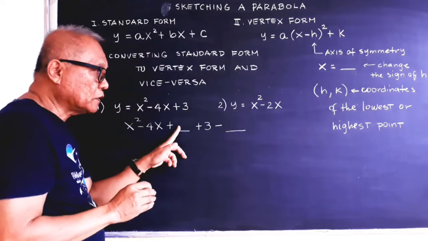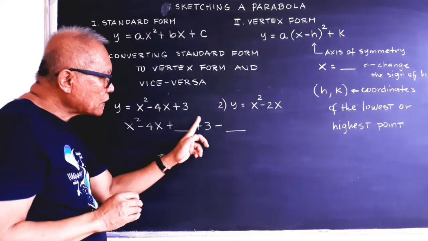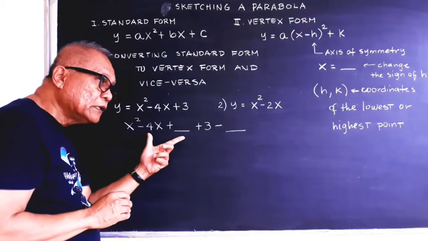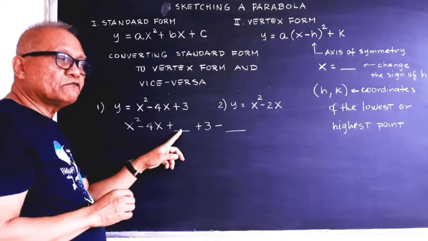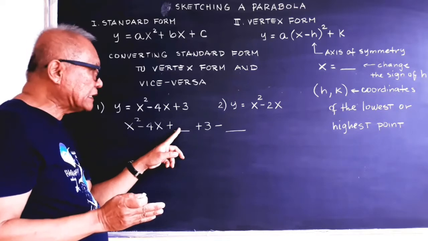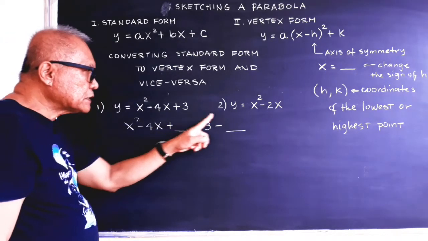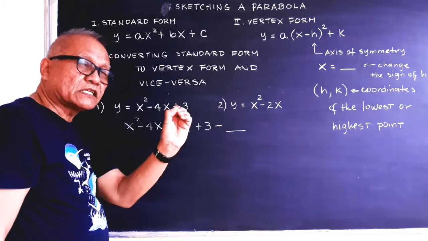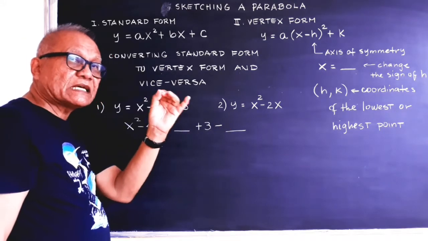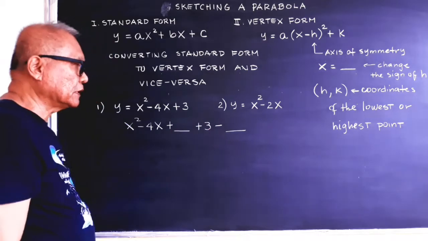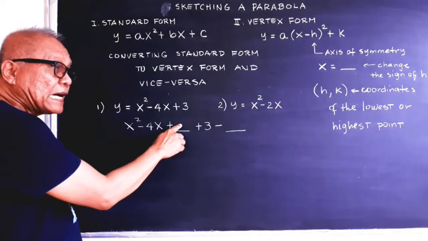Why? Because if I do not subtract this number, then the value of the quadratic equation will increase by this number. If we subtract this, then it is 0, as if we have not added something. Okay?